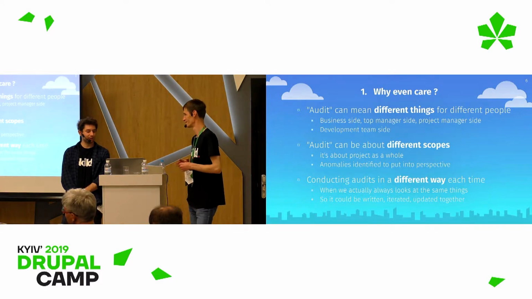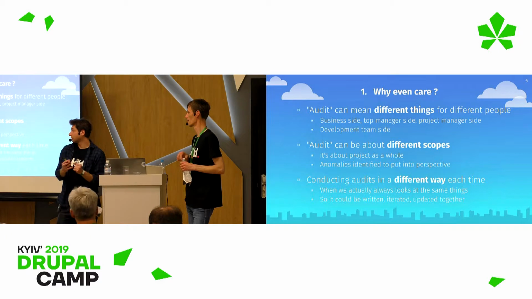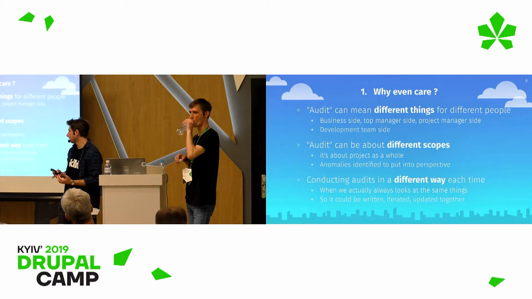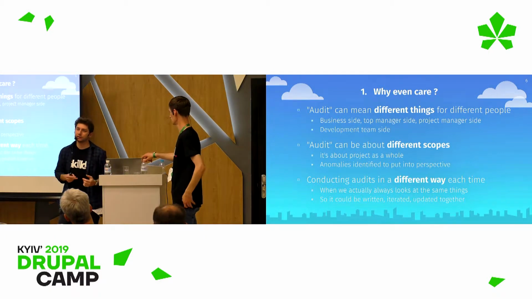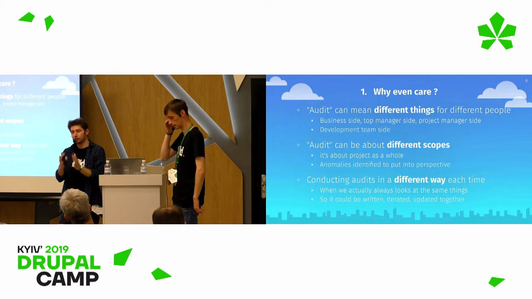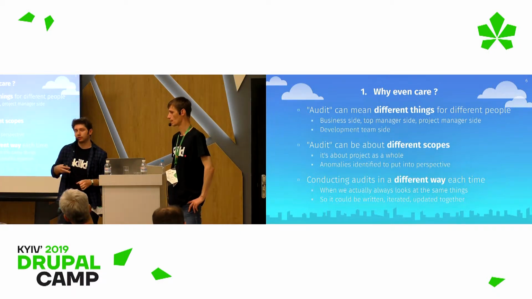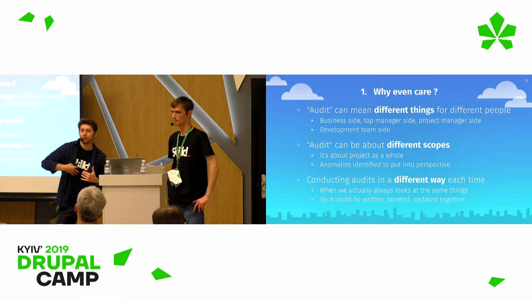So the third thing about why we should try to rationalize and make audit more efficient is that usually, because it's not one of the core things that we do in a daily business day, we did not define yet a proper way and a uniform way to conduct the audits. Like we would give the audit to one of the project managers, and he will perform the audit in his own way.